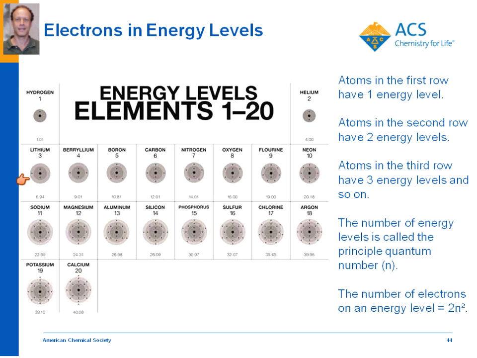there are other patterns. Like if you look down a column or a group, they're going to have the same number of electrons in their outermost energy level. There's 1 in hydrogen, 1 in lithium, 1 in sodium, and 1 in potassium.